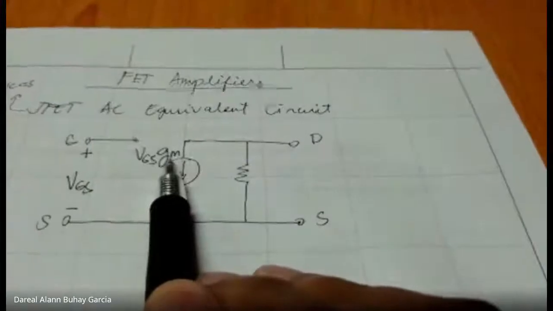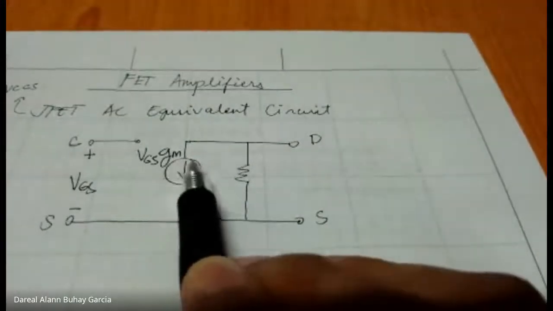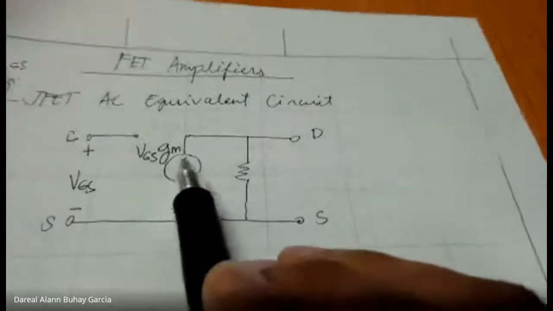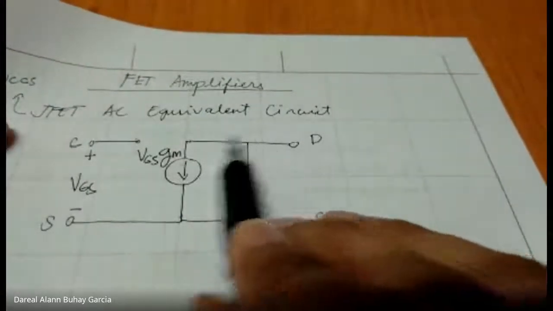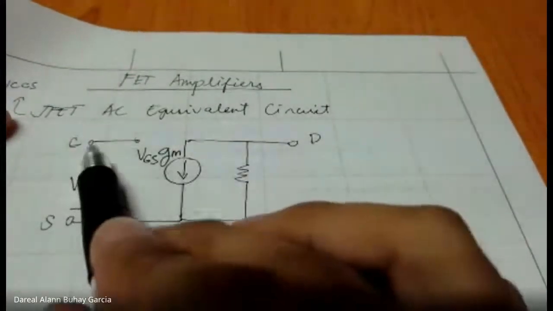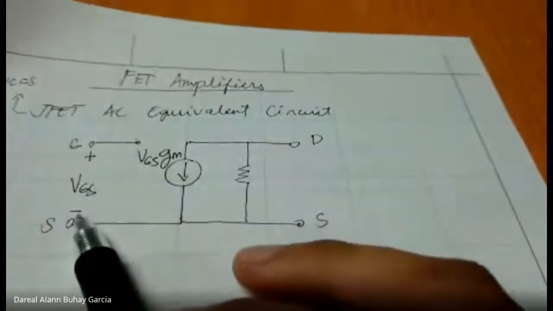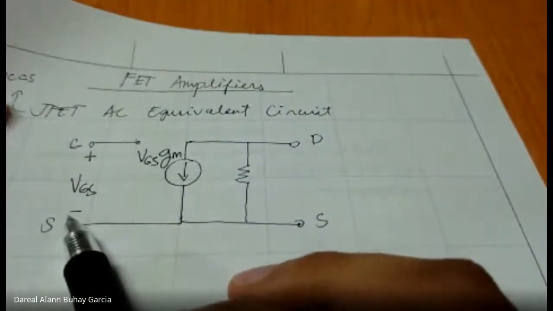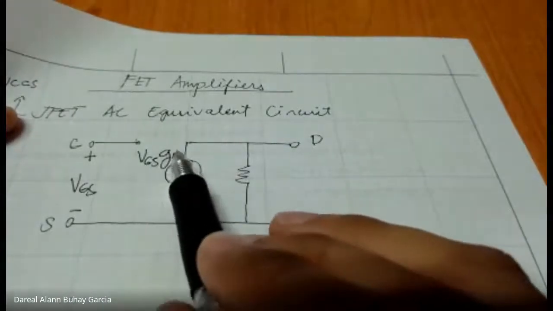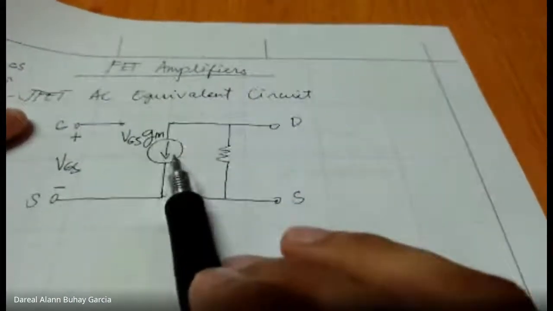So the current flowing from drain to source is controlled by the voltage between gate and source, multiplied by the parameter gm. We call that gm the transconductance.